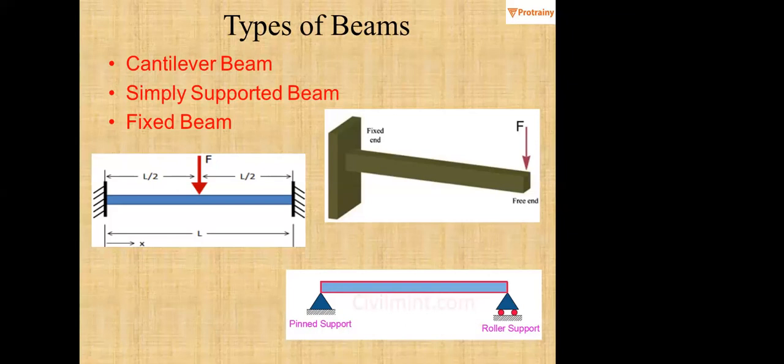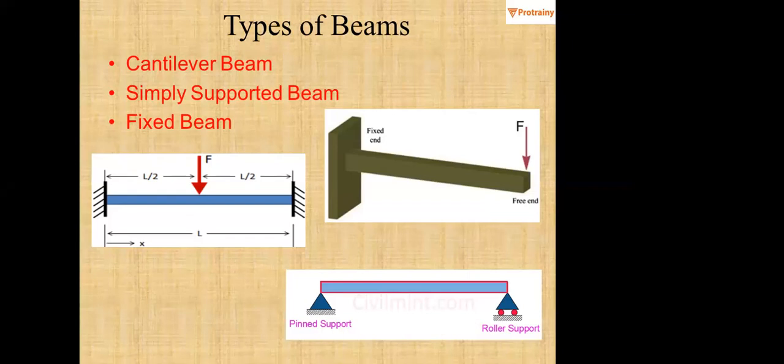Because in the case of RCC, you are casting the beam and column junctions along with the beam span and slab. So even if you are trying to provide provision in your reinforcement to make a certain beam in an RCC frame structure a simply supported beam, because of the monolithic casting, there is going to be some amount of fixity to it.